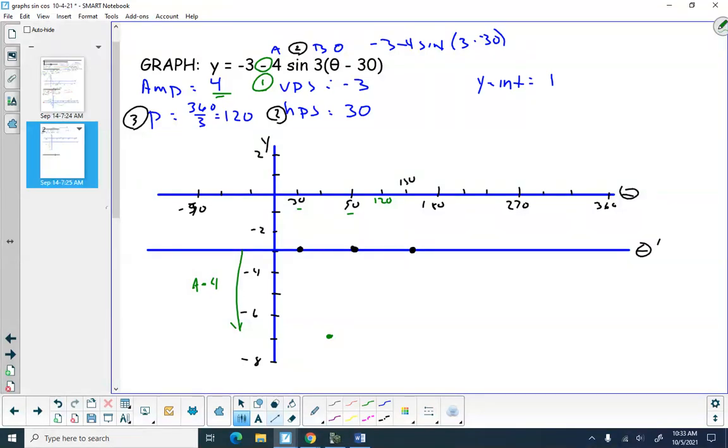We have to go up 4 to get to my peak. Once again, your amplitude comes from your prime axis. Our y-intercept is a value of 1. So it takes me back up to here again. So if we look at our graph, should be a nice flow in our graph.